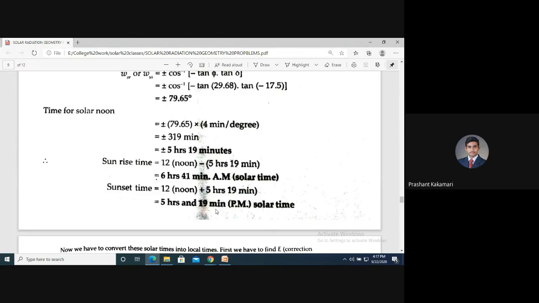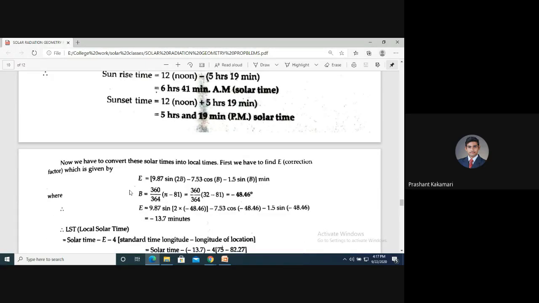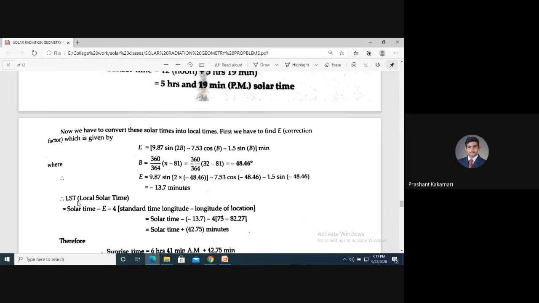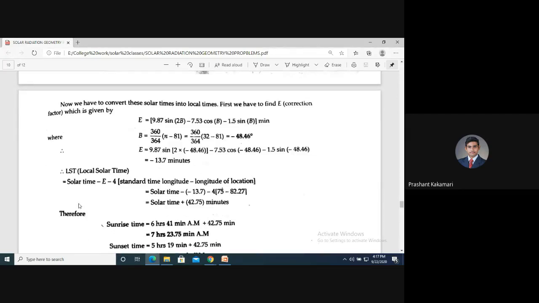Then later what they did is they have taken the equation of correction and other values, constants B and other things. They have found out the local apparent time. As per the local apparent time, what may be the sunrise and sunset times.